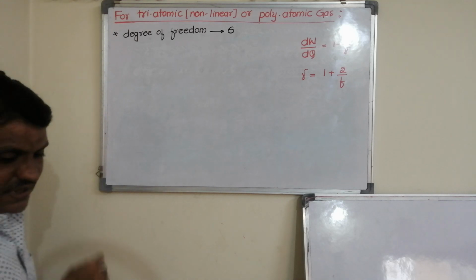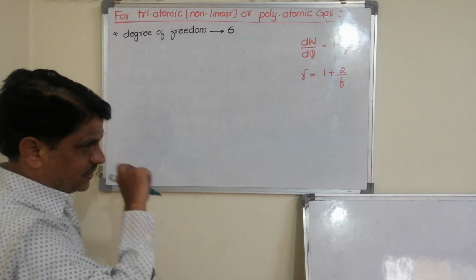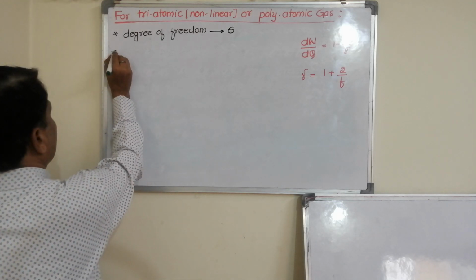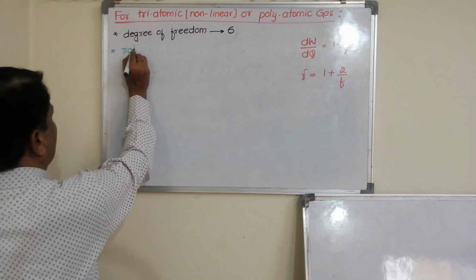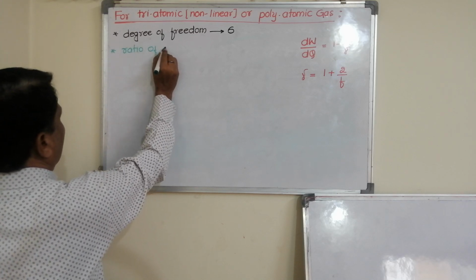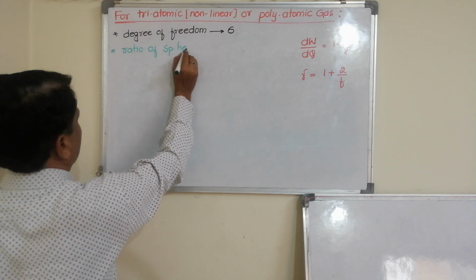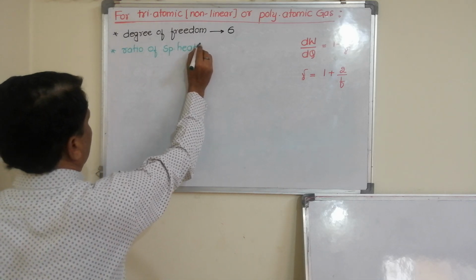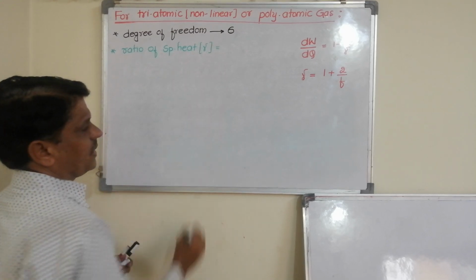After number of degrees of freedom, next point is the calculation of gamma, ratio of specific heat. That is gamma. What's the formula for gamma?